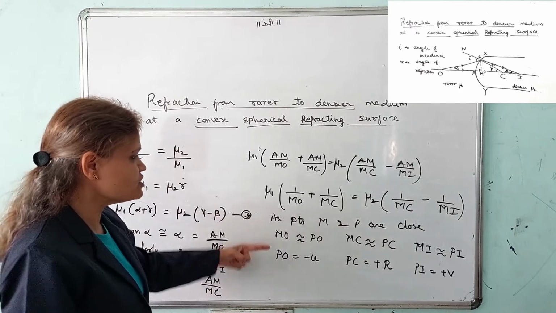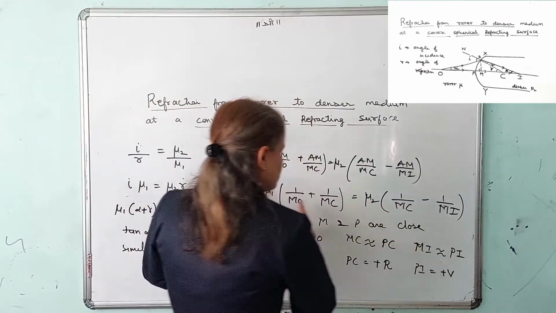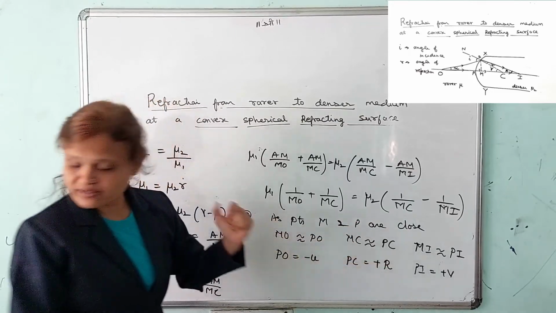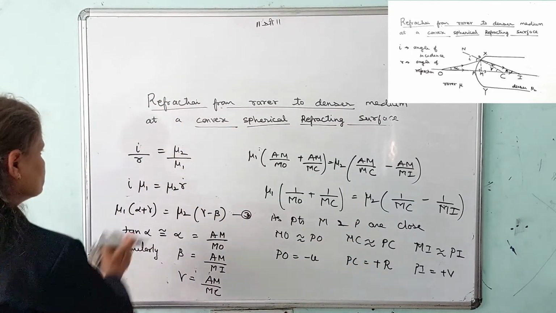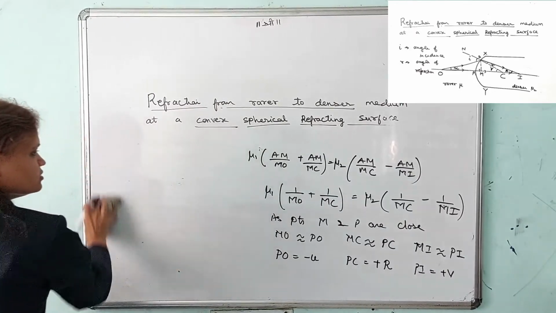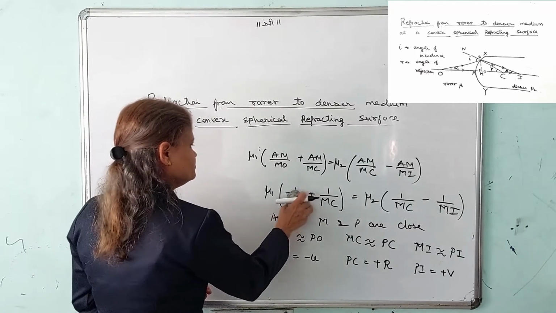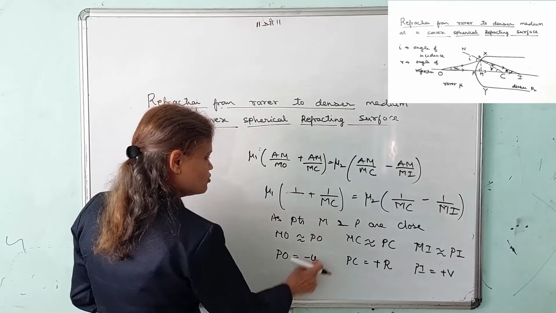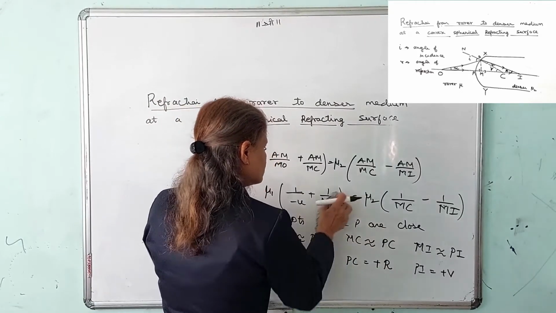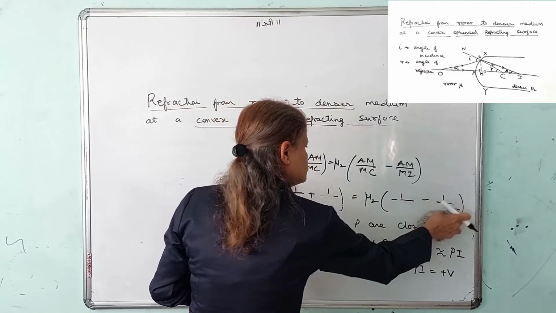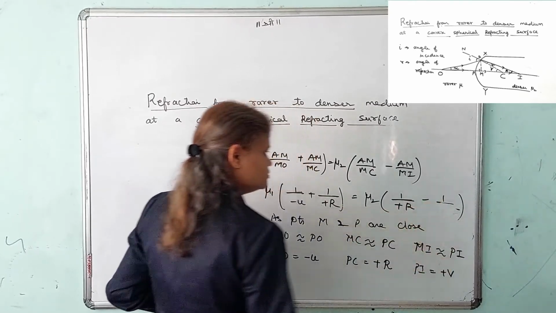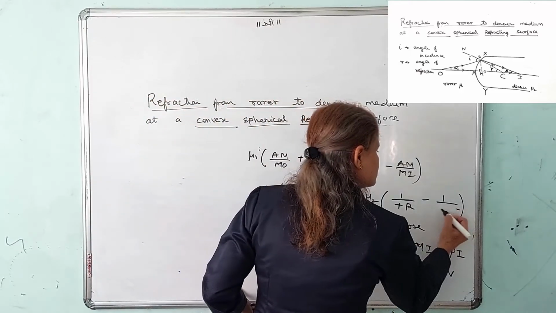So now we are going to substitute this MO, MC, MI as PO, PC, PI, and put these distances directly in the equation with the signs. So this MO is PO, PO is minus u, and this is plus R, and this is plus v.